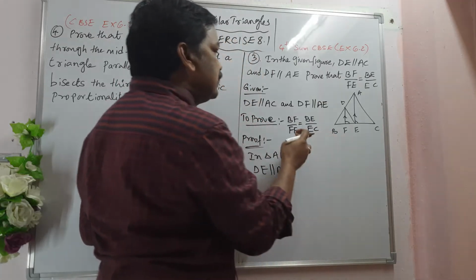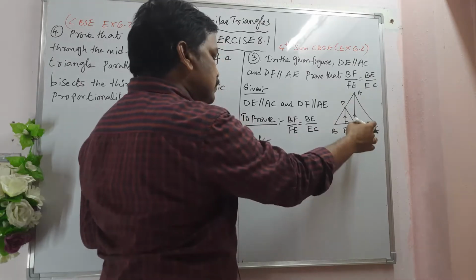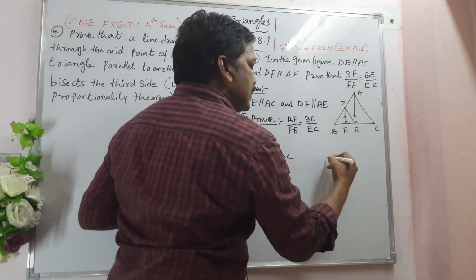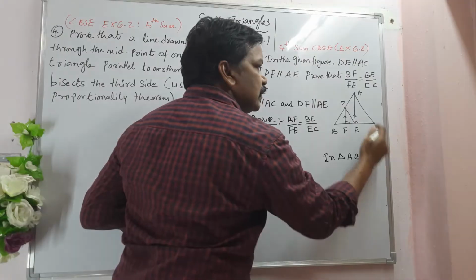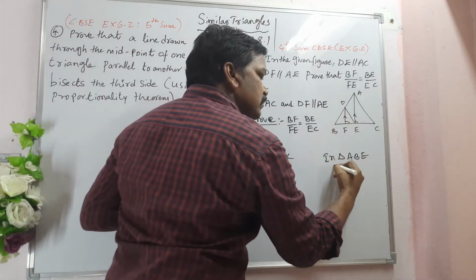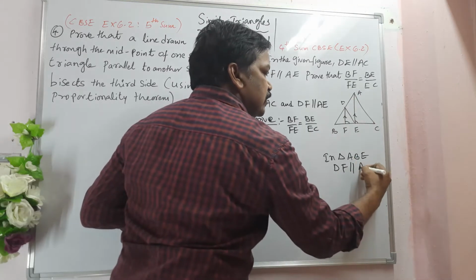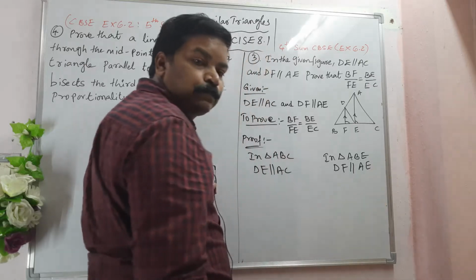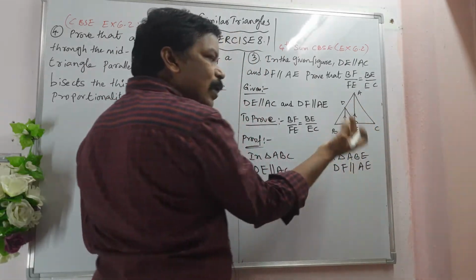What is the triangle here? This DF is parallel to AE, so this triangle is ABE. In triangle ABE, this DF is parallel to AE. Understand?